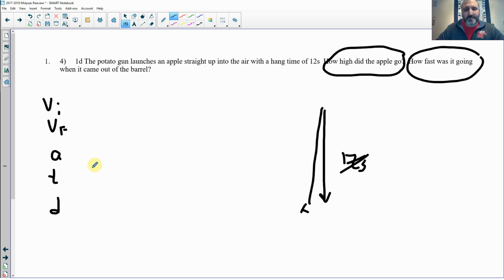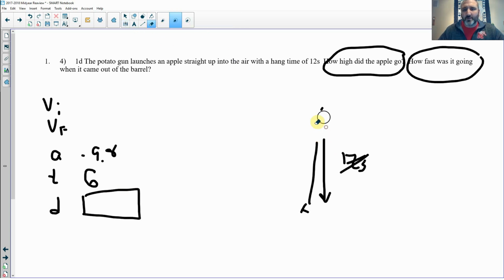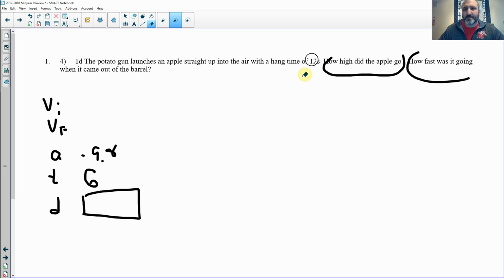So to figure this out, I'm just going to say time is 6 seconds. The acceleration is negative 9.8 meters per second squared. We're looking for how high it goes. And that's pretty much all we have. So if we're going to attack this, we sort of have to break this up and do it a couple of times.